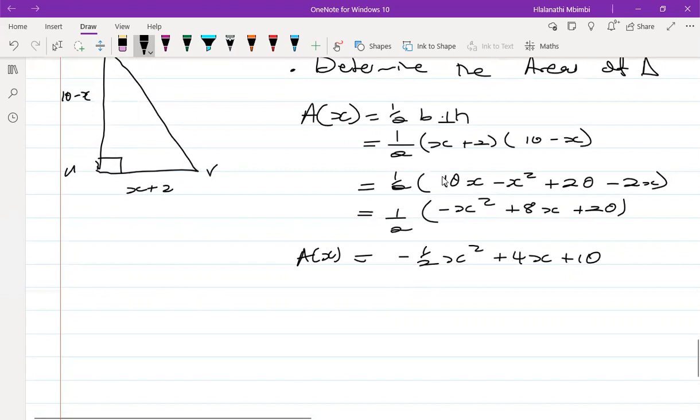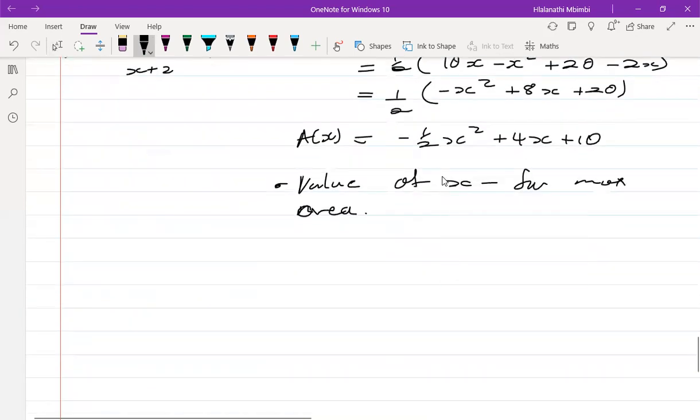Number B says calculate the value of x for which we will get a maximum area. So we take the derivative of that, we set it equal to 0, simple.